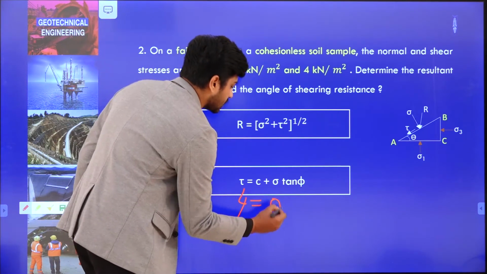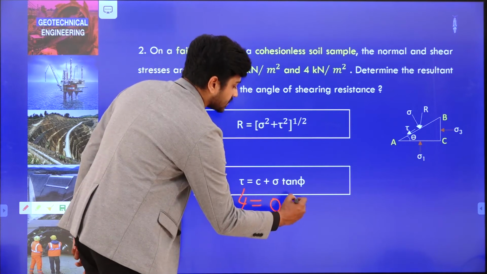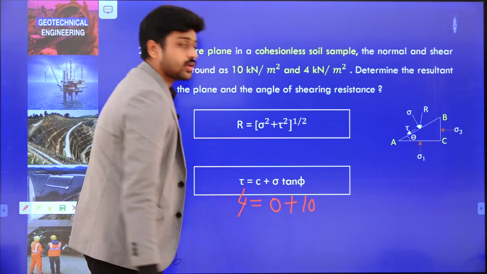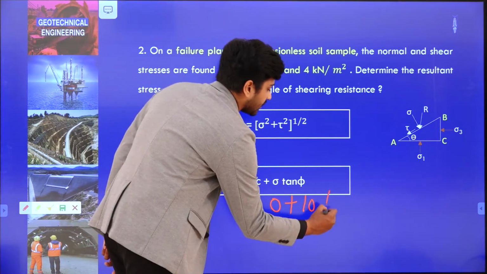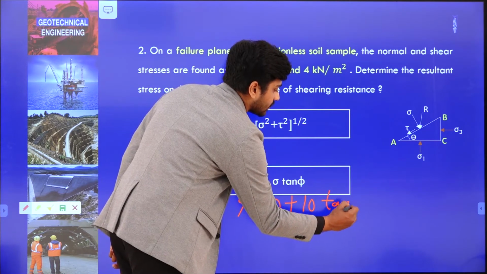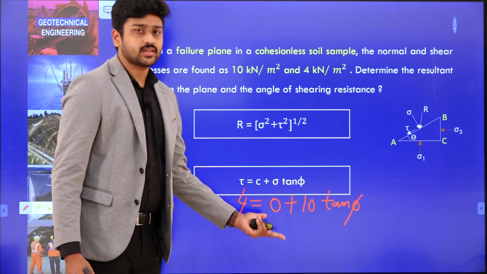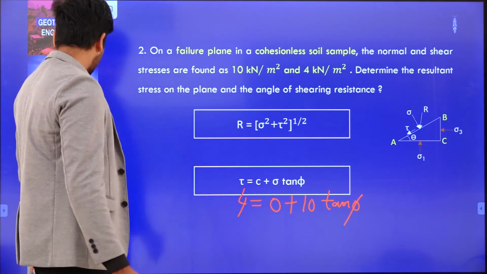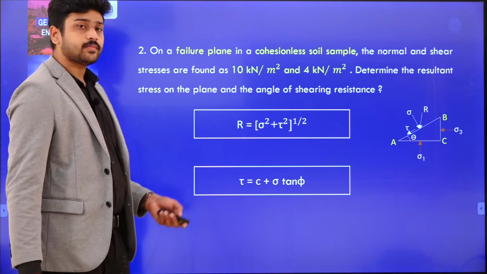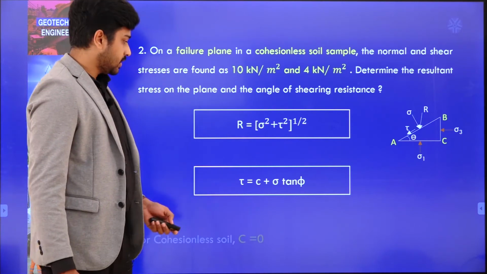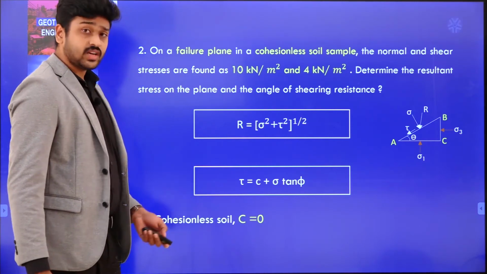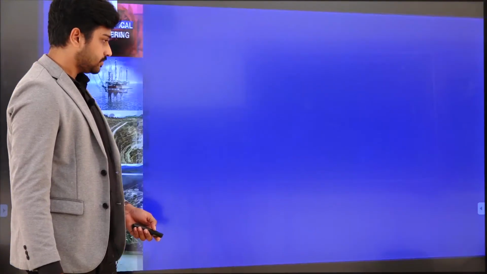So, simply take down C as 0, plus sigma, which is given as 10 kilonewton per meter square, and tan phi. Using this expression, simply find out the value of phi. As I mentioned, for a cohesionless soil C is 0.